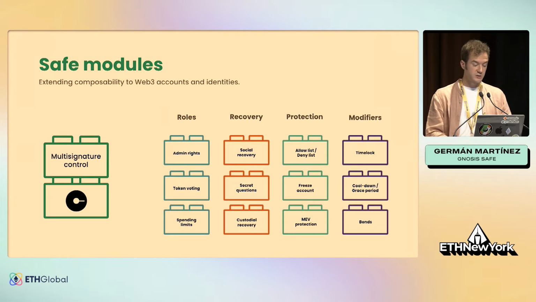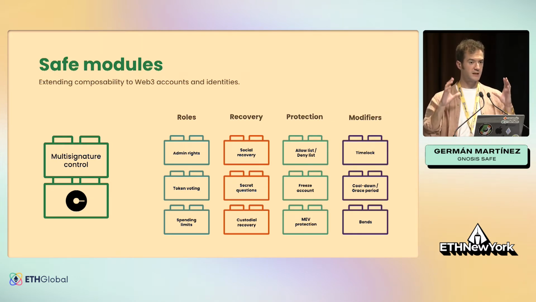We have the multi-signature control, the common flow, and we can also add some functionality to implement roles, recovery mechanisms, add protection layers, and some things modifiers allow us. Regarding roles, we can create, for example, a safe module that grants admin rights to some specific accounts.